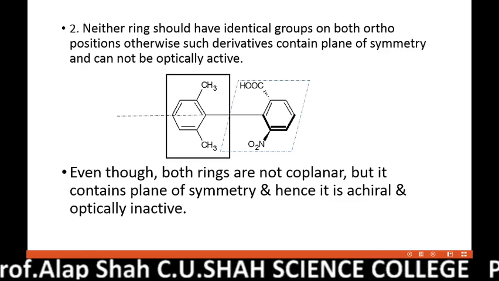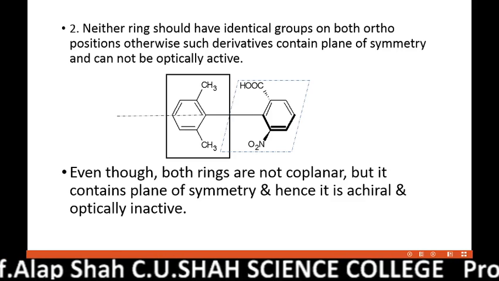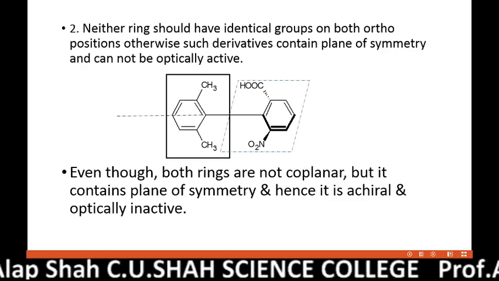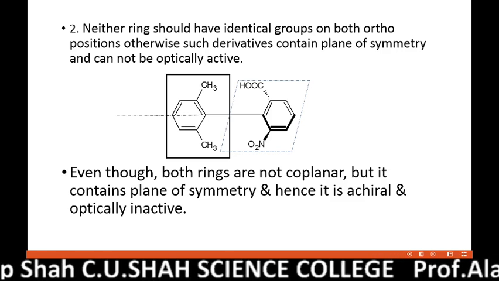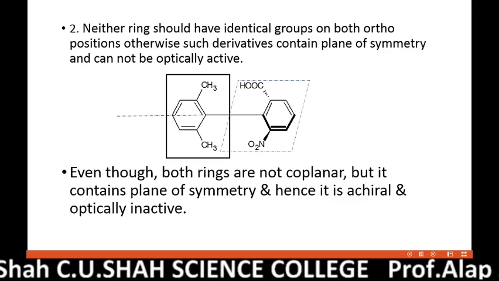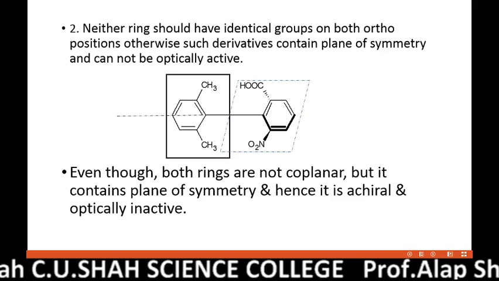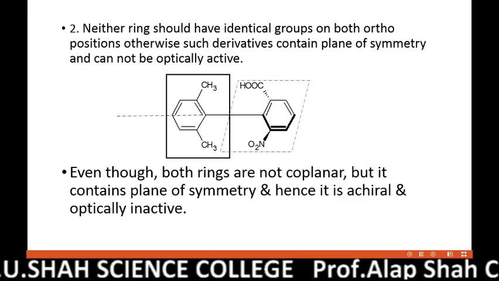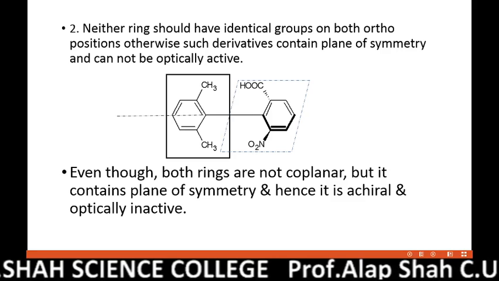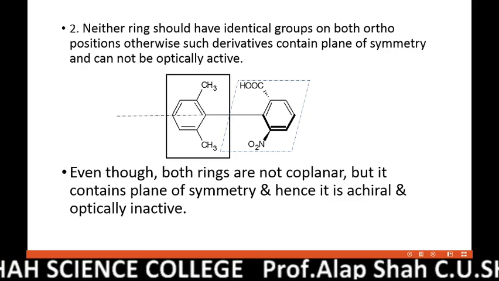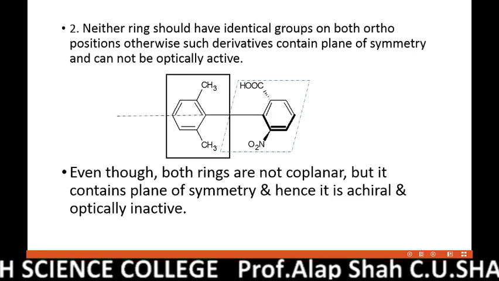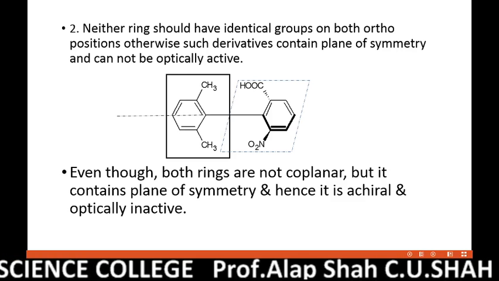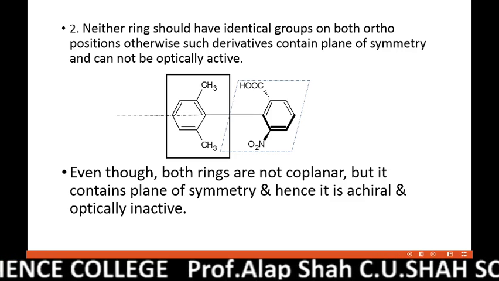That's why there is no question of a center of symmetry. In the spirane, the spirocarbon was sp3 hybrid, and since it is a common carbon, both the rings of the spirane lie perpendicular to each other. In the case of diphenyl, both the rings can be coplanar unless we prevent them by adding bulky groups.